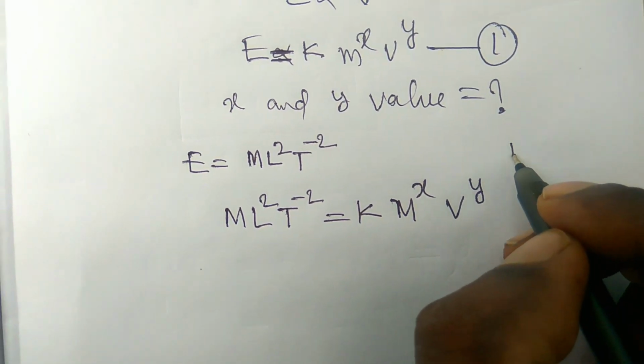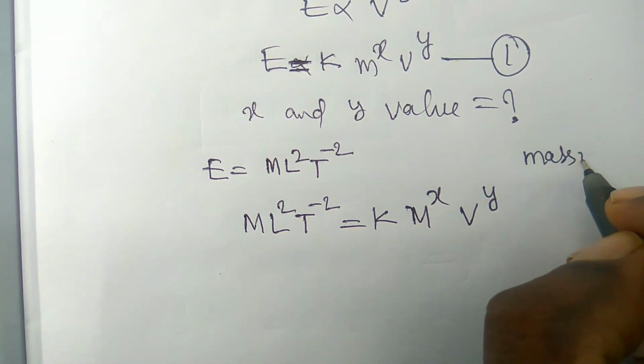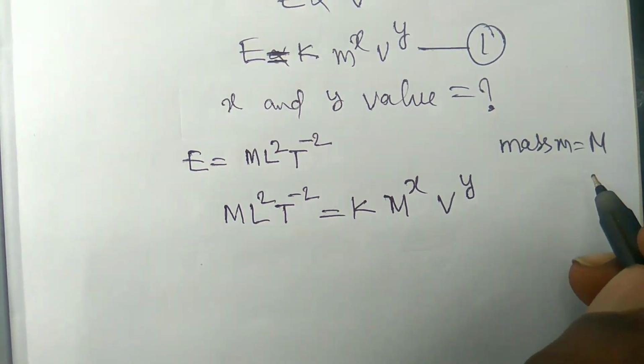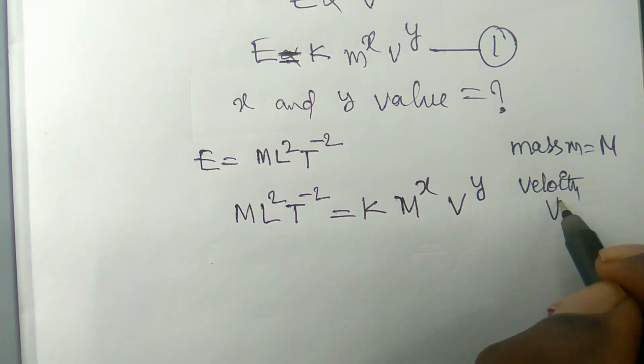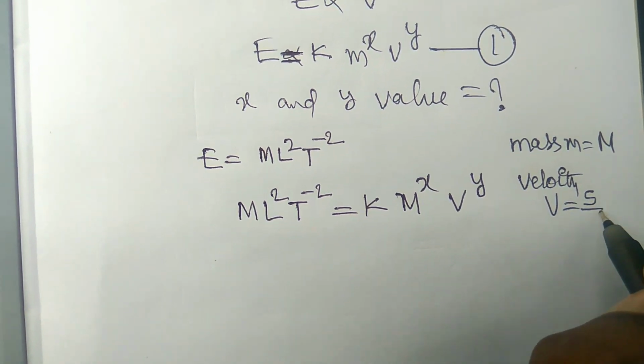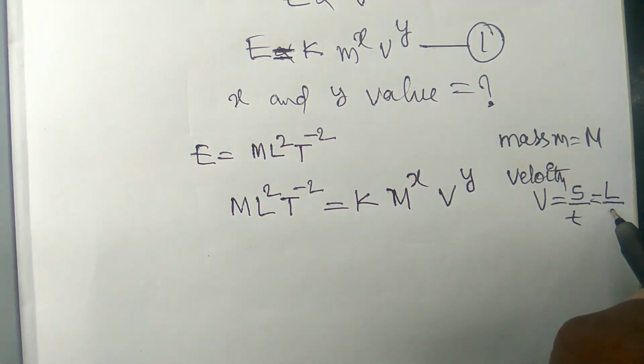The mass of the body m is equal to capital M in the dimensional formula. Velocity v is displacement by time, which is L by t.